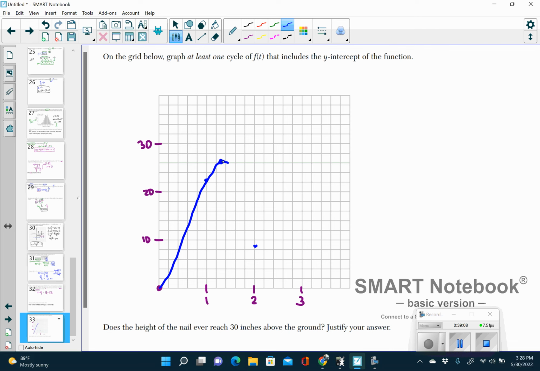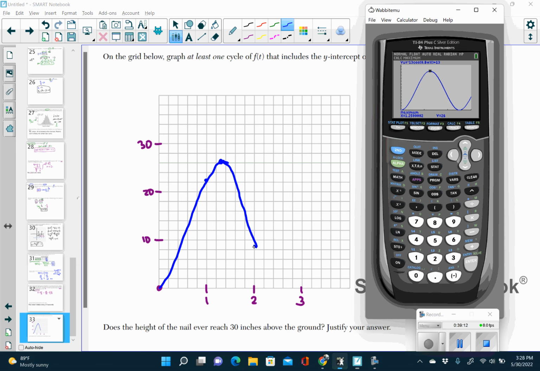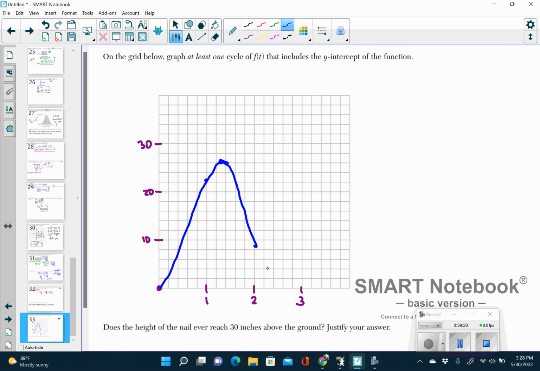I know it's going to come down and hit this point right here. Okay, and then I'm going to see where over here is where this is 3, so it's going to be about around like 2.5 or so. I'm just going to curve this out like this. Okay, so I drew at least one cycle, which is what they asked me to do.